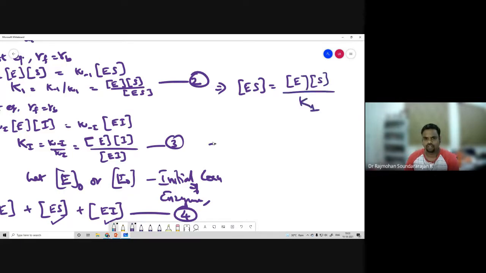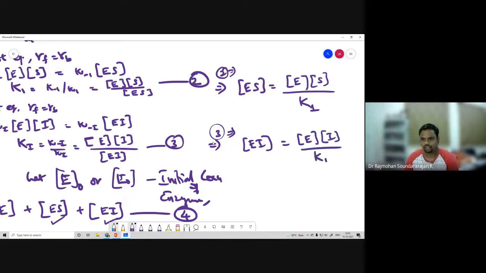Similarly, equation 3 gives us EI is equal to E into I by Ki.